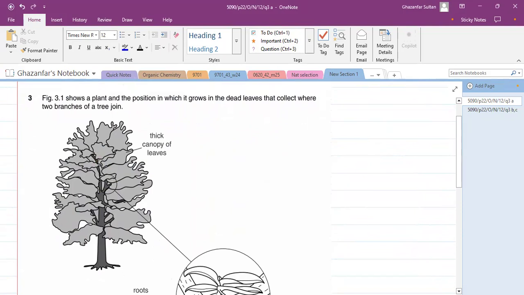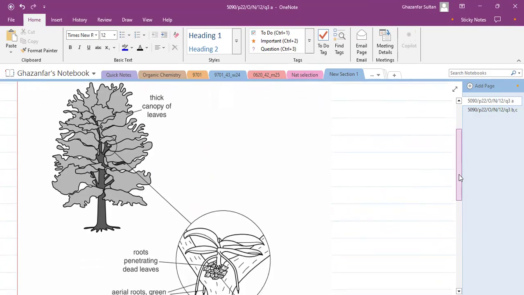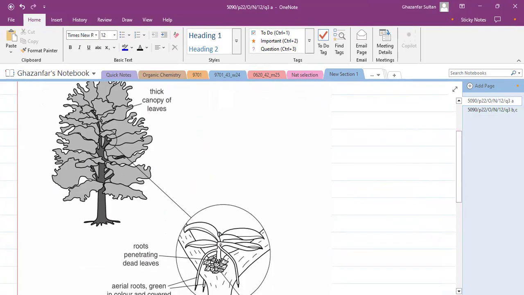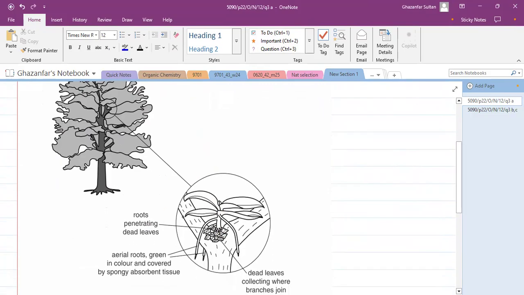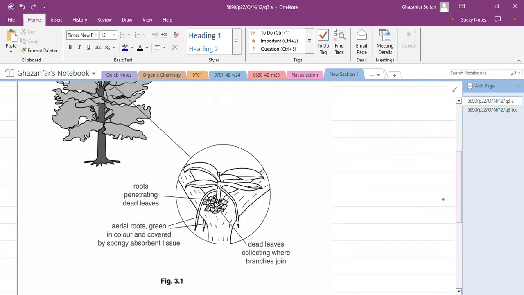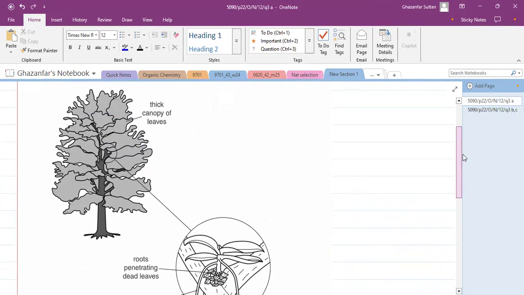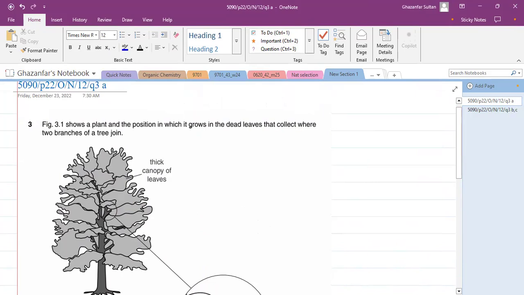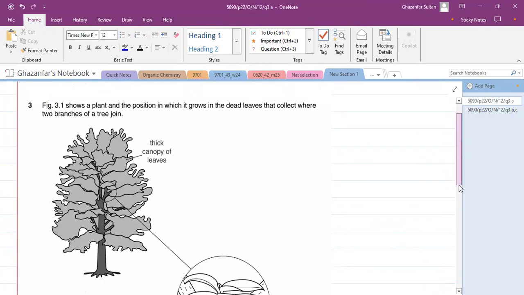this is the plant, this is the tree, and a plant develops from here where roots are there. So roots are developing from this plant, and where it grows, where two branches of the tree join.